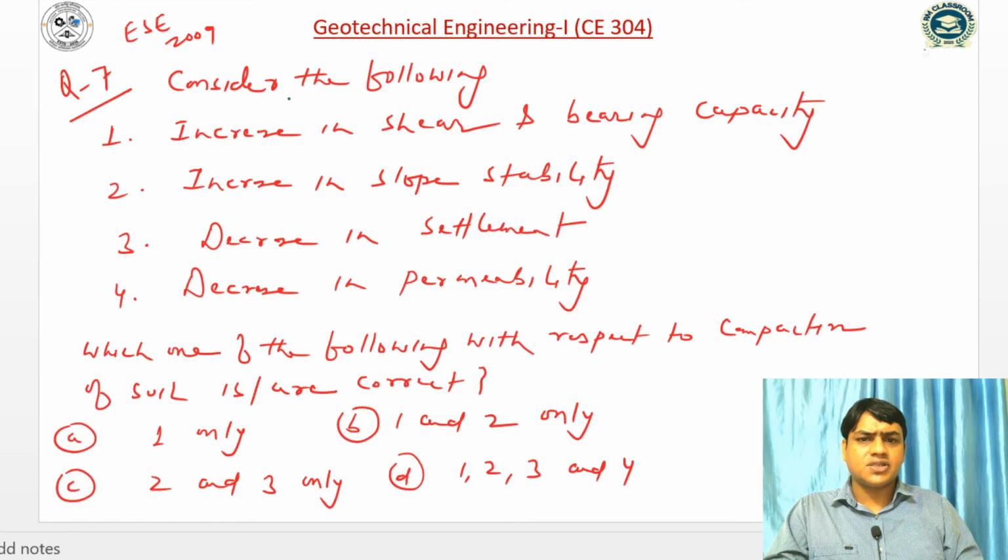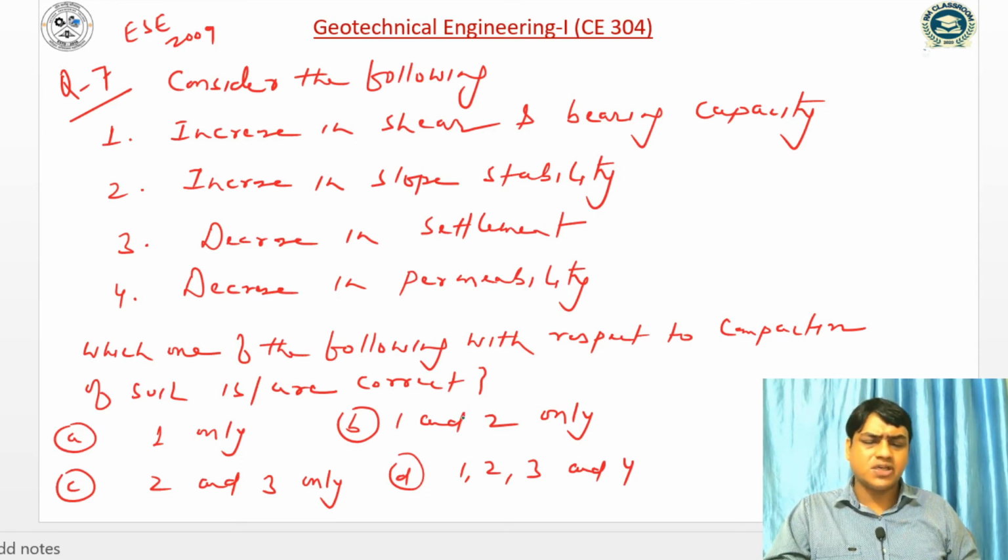Similarly, another question: consider the following: increase in shear strength and bearing capacity, increase in slope stability, decrease in settlement, and decrease in permeability. Which of the following with respect to compaction of soil is or are correct? In the first class I discussed the various aims of compaction.